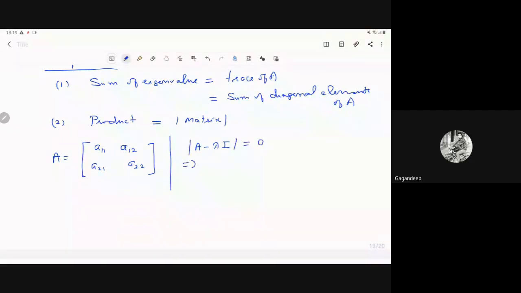I can also write it in this format: determinant of lambda I minus A equal to 0. Are both the same or different? Both are the same, because the right hand side is 0, you can balance the minus, no problem.